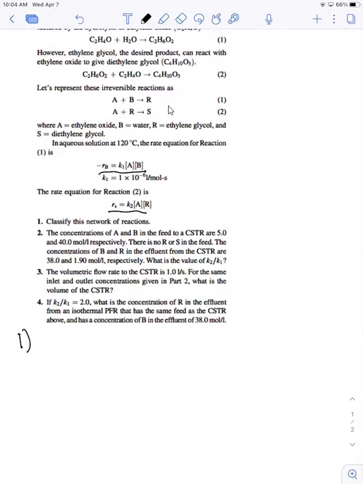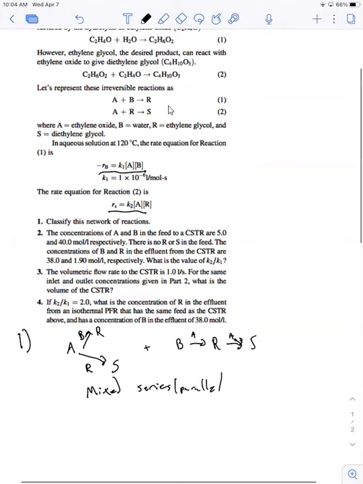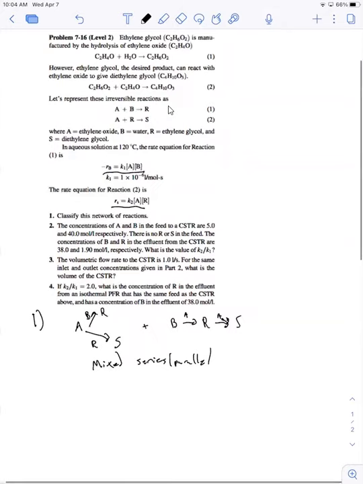So for part one, you can see that we have parallel reactions because A can either, with B added, go to R, or with R added, go to S. But we also have a series of reactions where B with A added goes to R, and R with A added goes to S. So this is a mixed series parallel. And so I hope that's pretty straightforward.